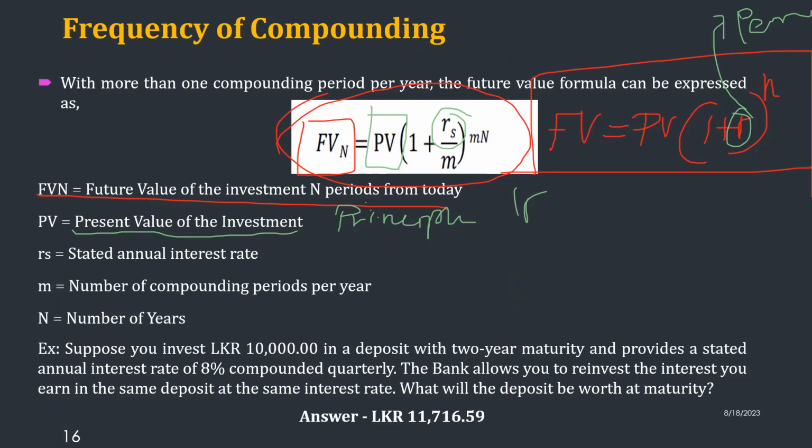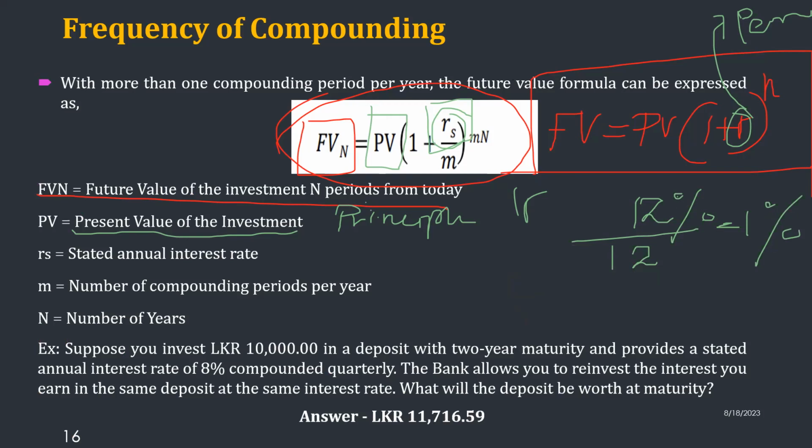In this scenario, as the interest is paid more than one time per year, you have to take the stated annual interest rate. Let's say the interest is 12% per annum. If the interest is paid monthly, you have to divide this by 12 and take 1%. That stated annual interest rate is used for the calculations.